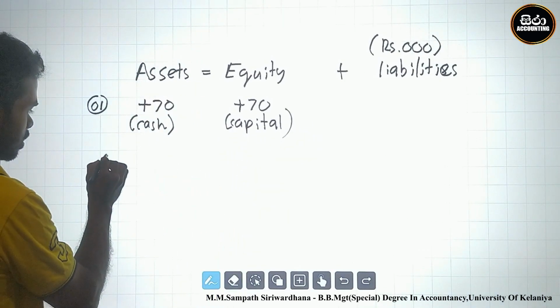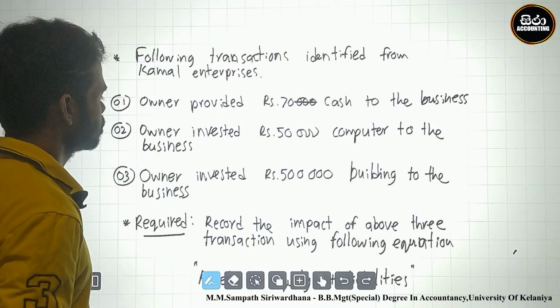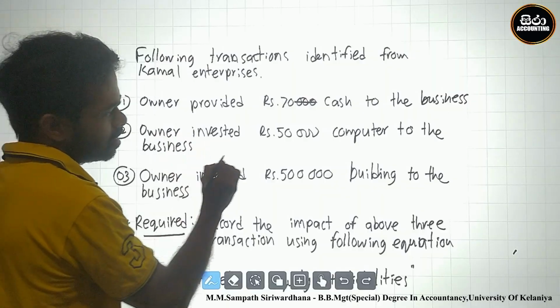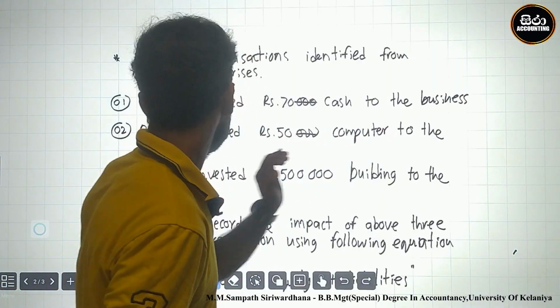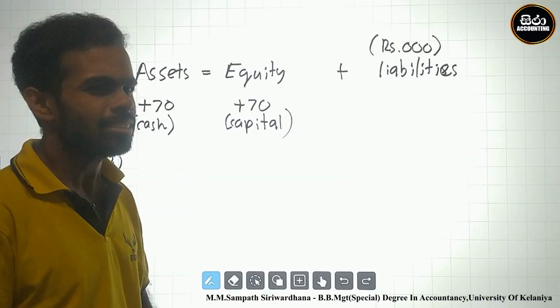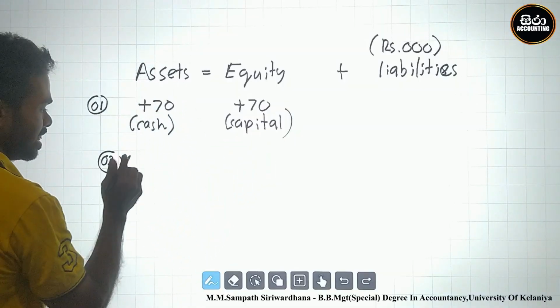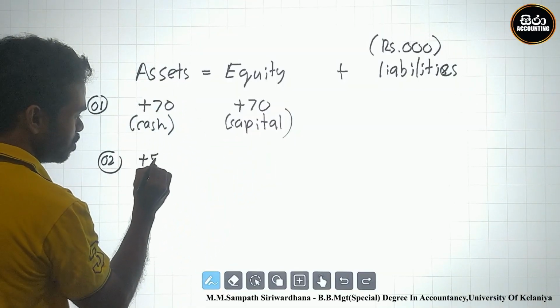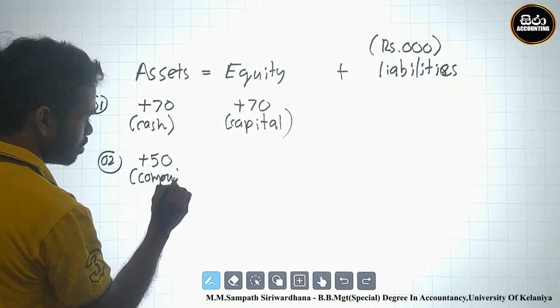Okay, next one, transaction number 2. The owner invested 50,000 in a computer to the business. Is there any inflow to the business? Yes, a computer is an inflow to the business. Computers are an asset. Therefore, I increase 50. What is the asset? Computer.